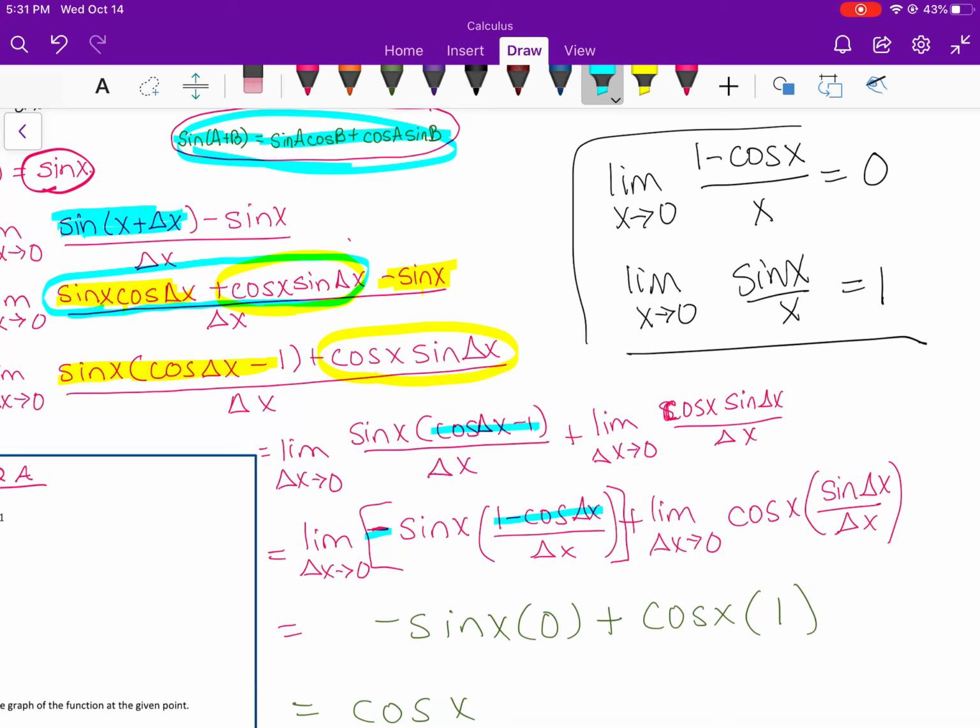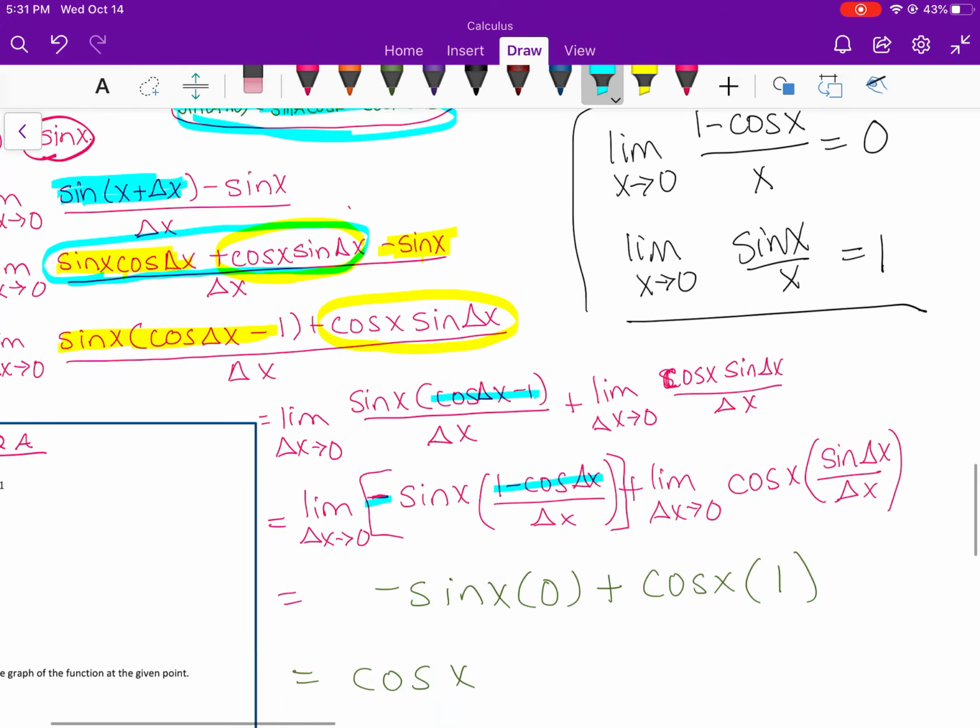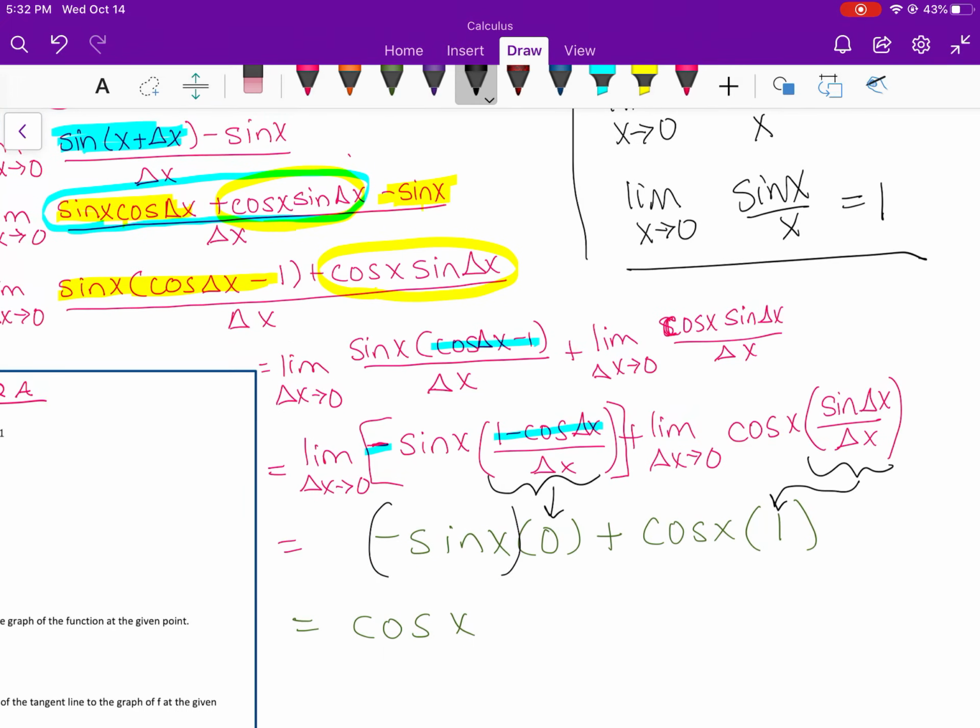And I also split it up as sine x times (cosine delta x minus 1) over delta x, and then cosine x times sine delta x over delta x. Took the limit, so delta x went to 0. So that means this piece goes to 0 and this piece goes to 1 with the squeeze theorem. And I'm left with negative sine x times 0 and cosine x times 1, which ends with cosine x.